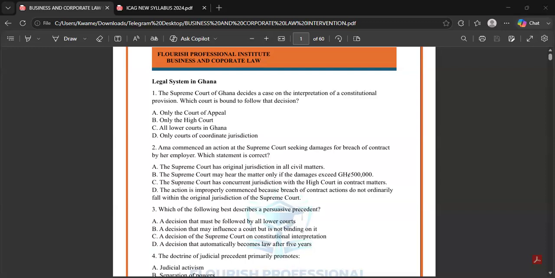So it depends on the issue. I'm not saying that law of contract issues cannot be sent to the Supreme Court. So if you see a statement that alludes to the fact that breach of contract cannot be addressed by the Supreme Court, it's a false statement. It can, but it does not ordinarily fall within the jurisdiction of the Supreme Court.